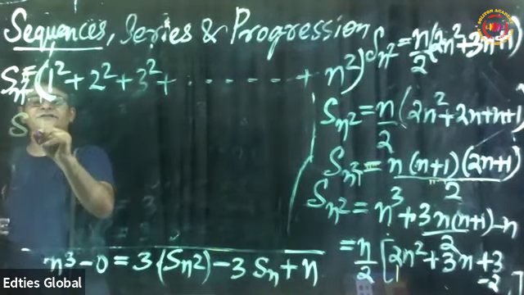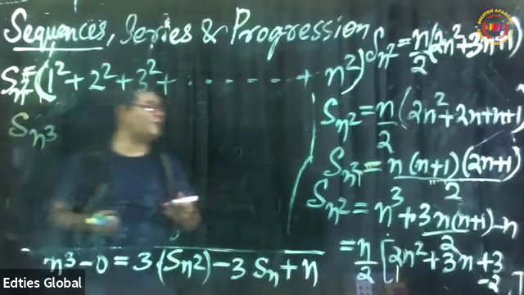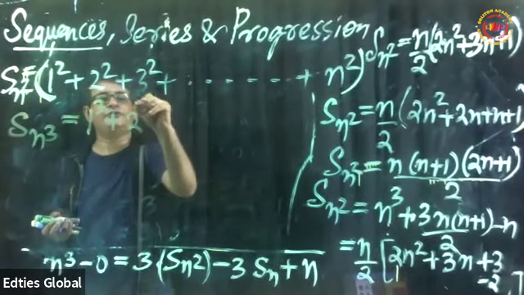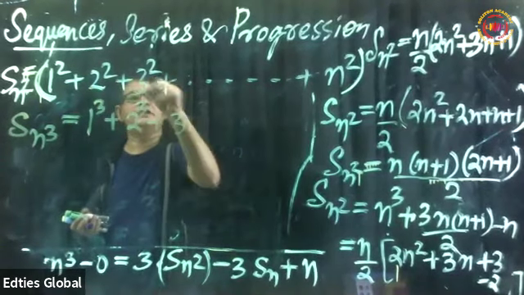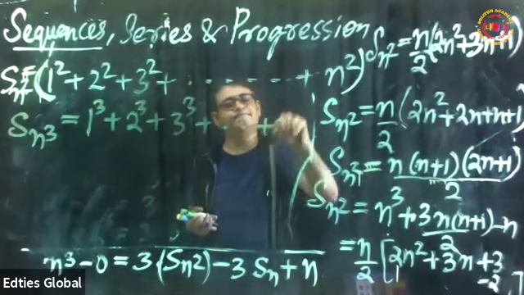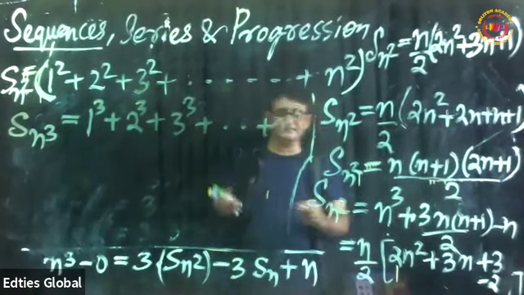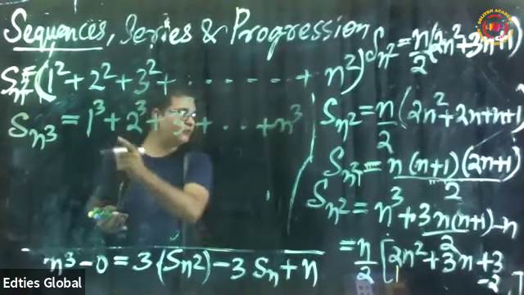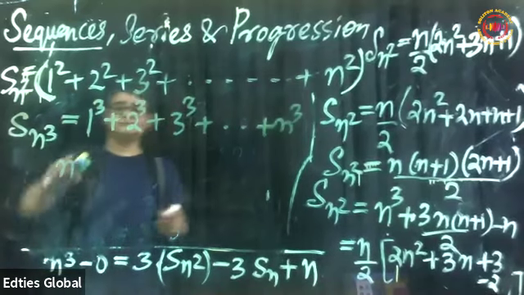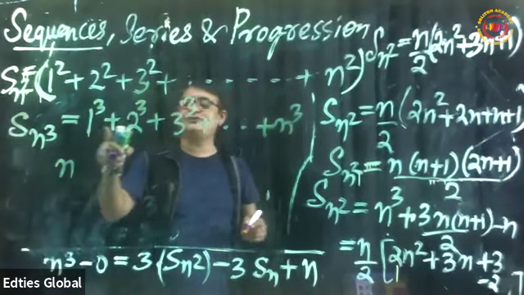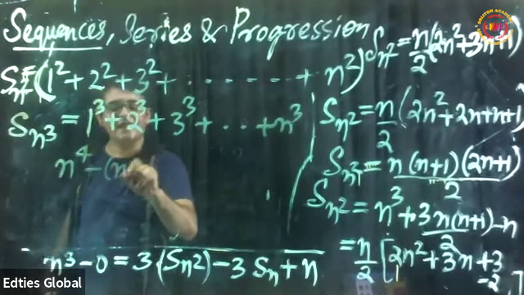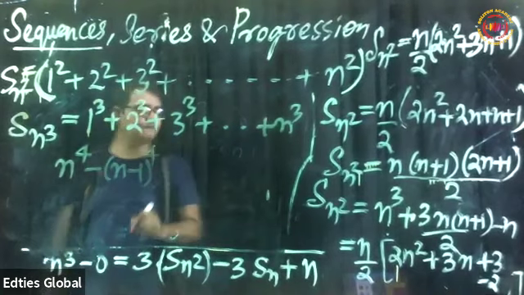So this is homework. You need to find sum of the cube of the natural numbers. Okay, you have 1 cube plus you have 2 cube plus you have 3 cube and so on. You have n cube. Okay, with this technique, if you want to find the sum of the cube, you take n to the power 4 minus n minus 1 to the power 4.